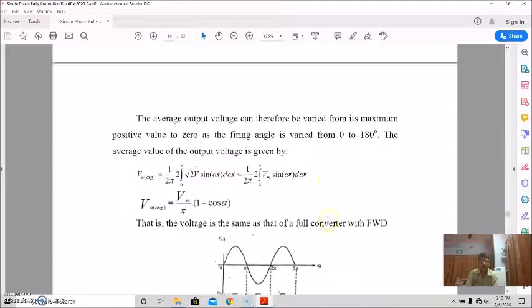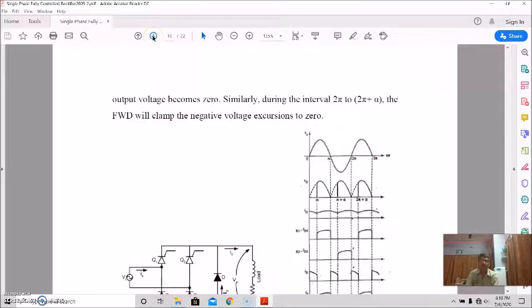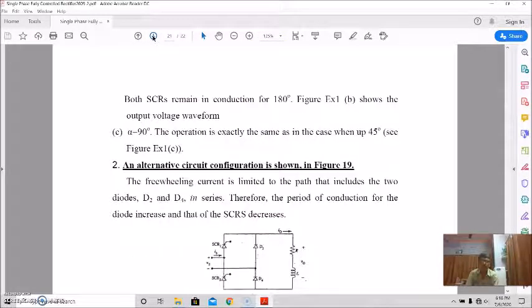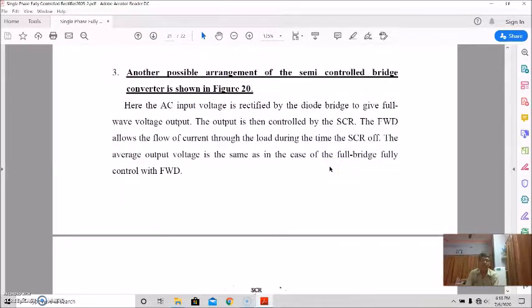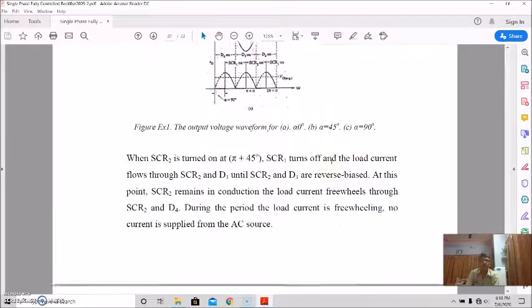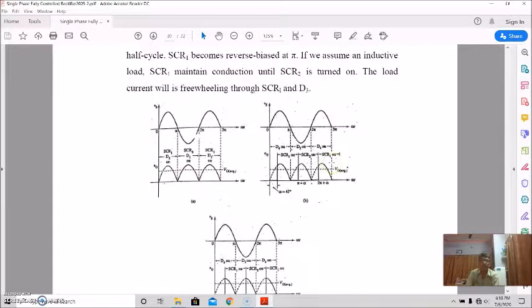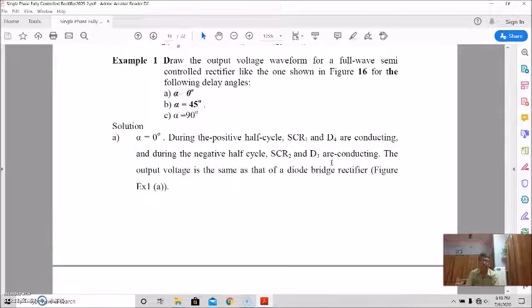Now we have to find out the waveform for the defined firing angles, that is alpha equal to 0, alpha equal to 45 degree and alpha equal to 90 degree.